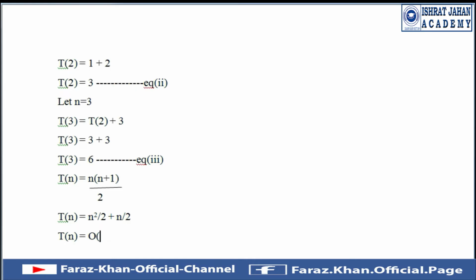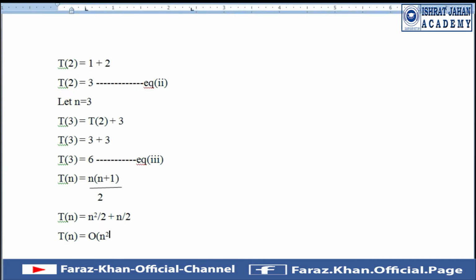So considering the same rule, considering the big O notation, we only consider the highest power and ignore the rest. So considering that rule, I can write T of n is equal to O of n square.